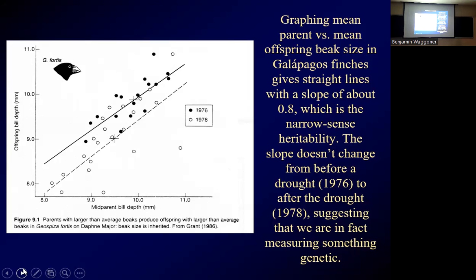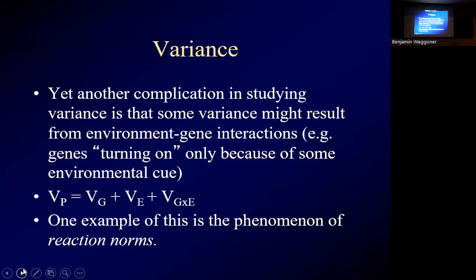But even though we had that environmental change and only the birds with larger beaks survived, we didn't change the fact that birds with larger beaks tended to have offspring with larger beaks, and birds with smaller beaks tended to have offspring with smaller beaks. We didn't change that relationship between genes and the trait.